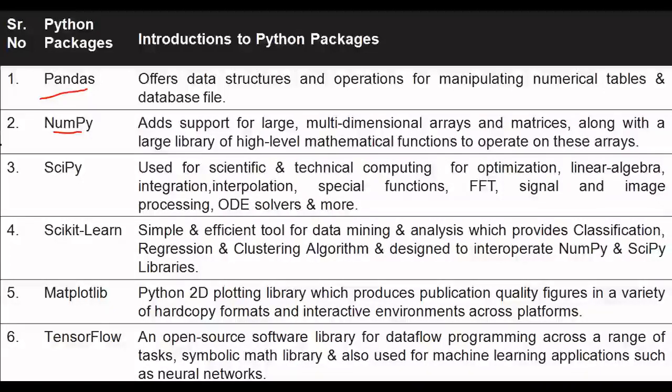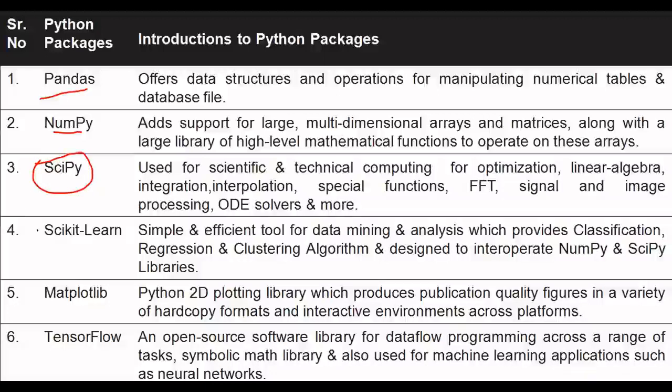Then there is a library called SciPy, used for scientific and technical computing: optimization, linear algebra, integration, interpolation, spatial functions, and all complex mathematical processes and terms will be taken care of by the SciPy library.